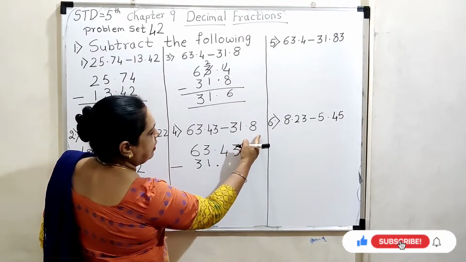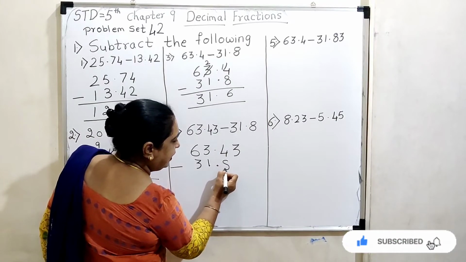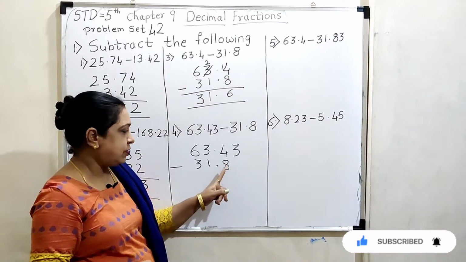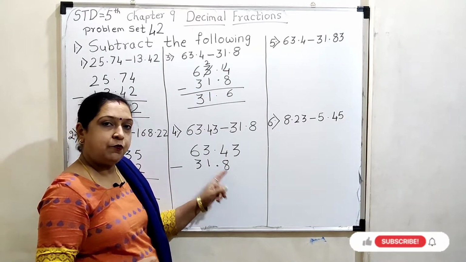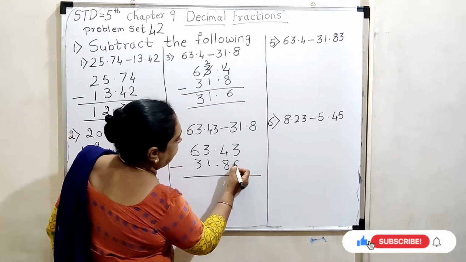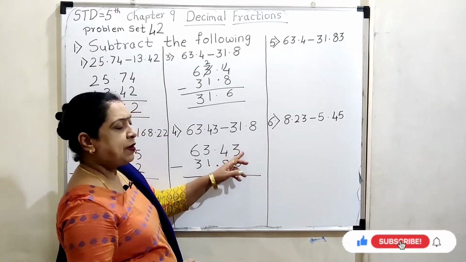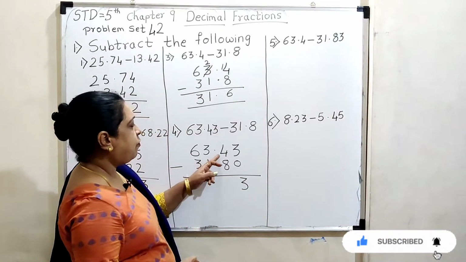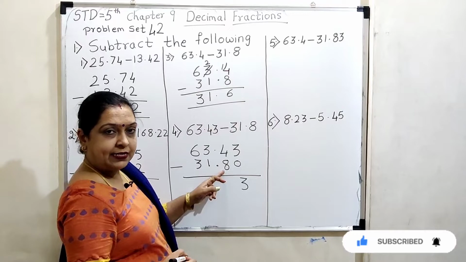And after the point what comes? 8. So 8 you will write over here. Some children are writing over here. That is wrong. So you have to write just after the point. Now you can subtract. You can write 0 over here. Okay. 3 minus 0 is how much? 3.